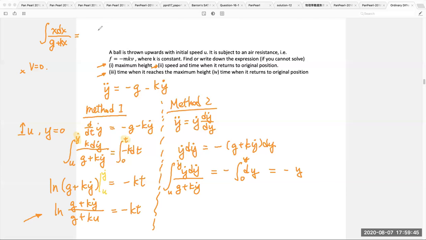You need to use partial fractions. So what I will do is multiply k on the numerator and the denominator, kx here. And then I can plus g and minus g on the numerator. So then this formula can be rewritten as this one.